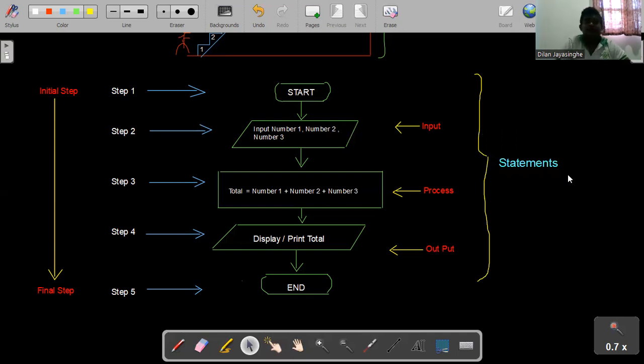Right? Now understood this? It's clear. Now draw down this quickly.